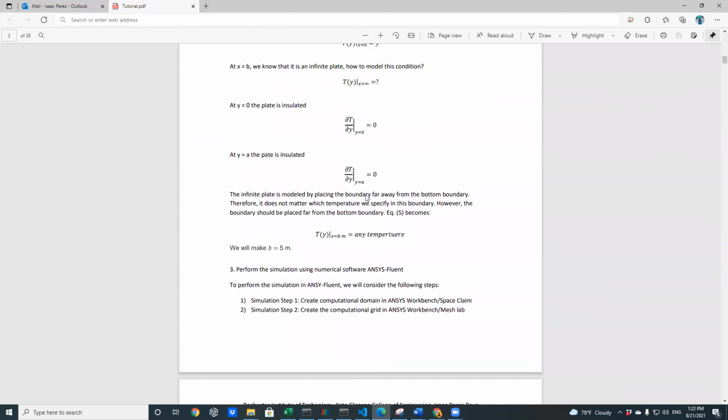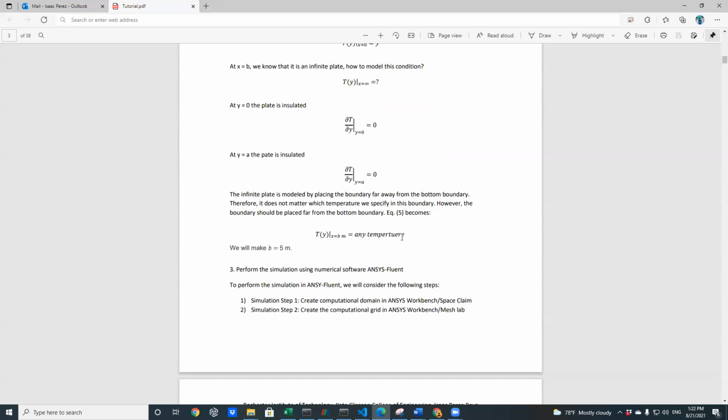Now, let's deal with the infinite plate. The infinite plate is modeled by placing the boundary far away from the bottom boundary. This is how we will handle that condition. Therefore, it doesn't matter which temperature we specify in this boundary. However, the boundary should be placed far from the bottom boundary, right? So at x equals b meters, we have any temperature, and there is a typo in there. Sorry about that.